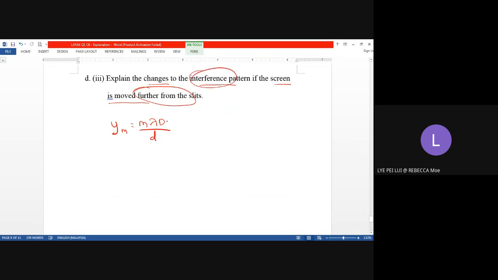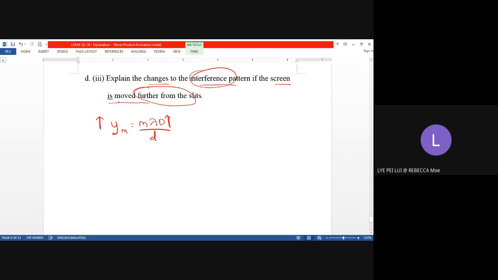If the screen is moved further away, when our D increases, the distance to the screen, our fringe separation also increases.